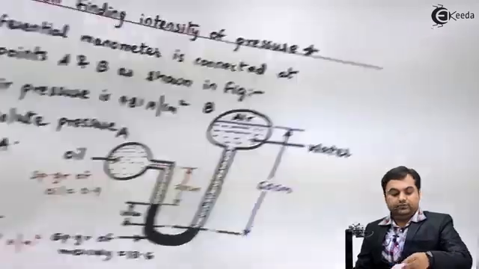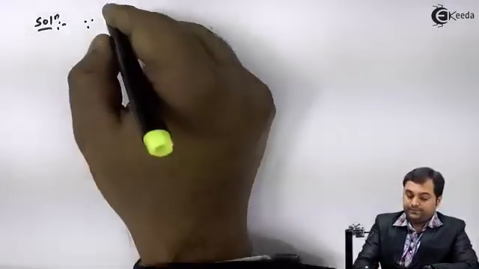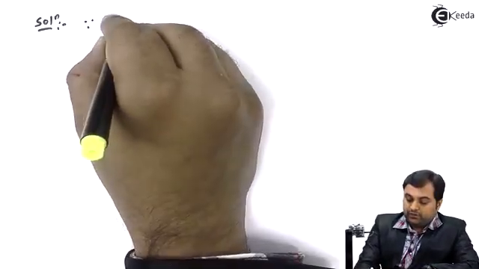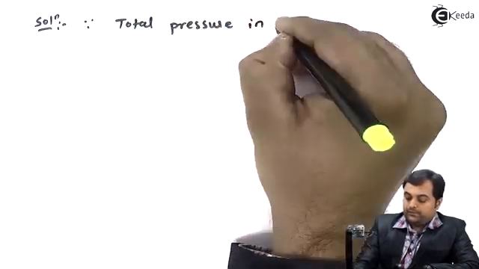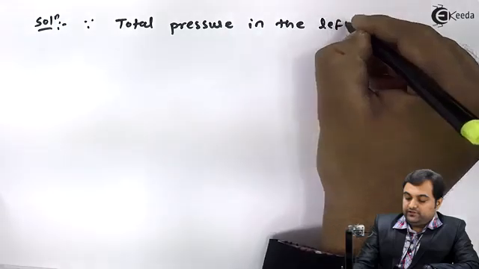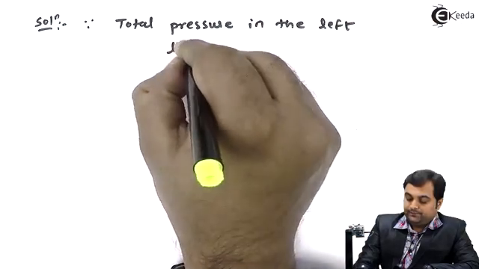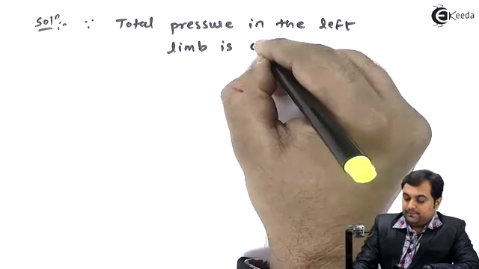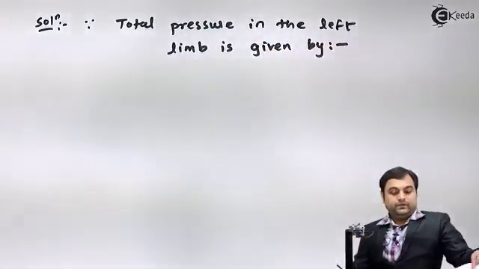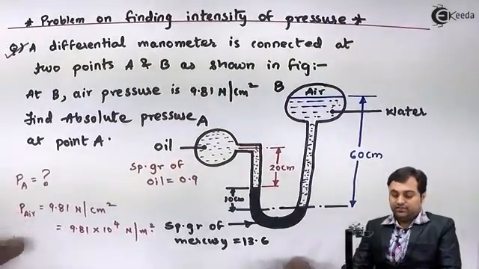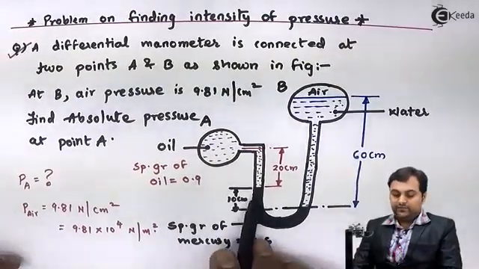So first I'll write down, since total pressure in the left limb is given by, in the left limb, as we can see, here we have oil as well as mercury.